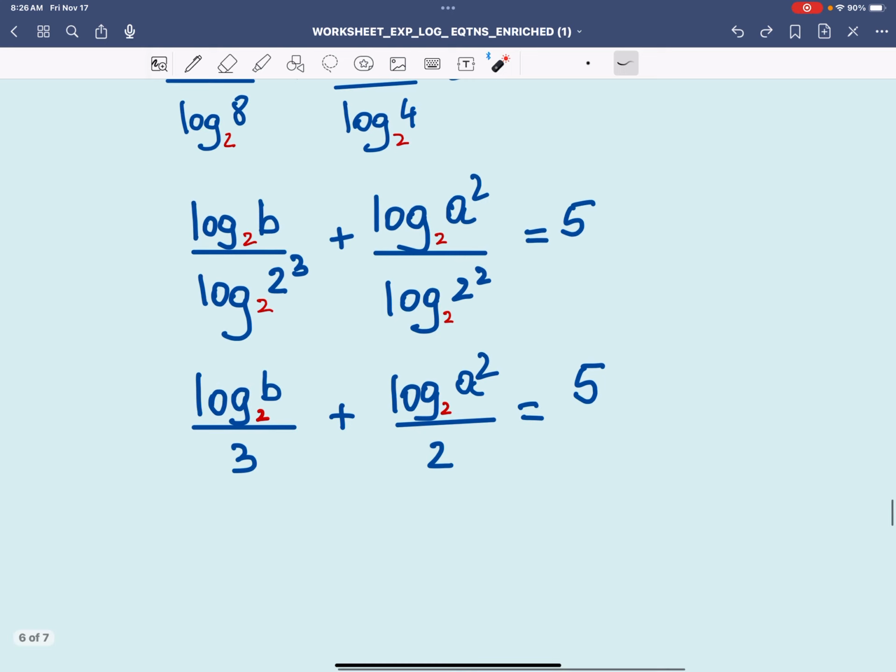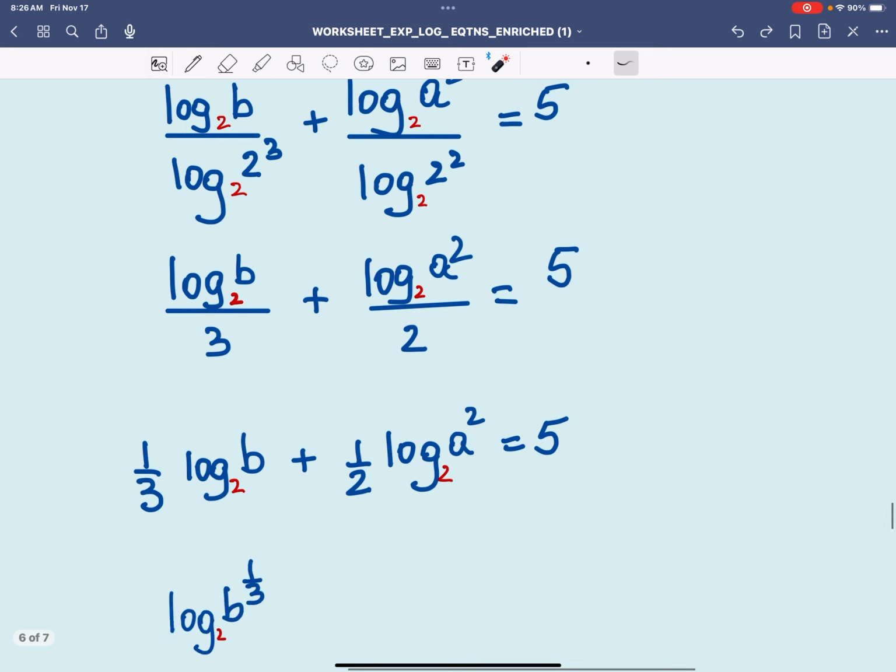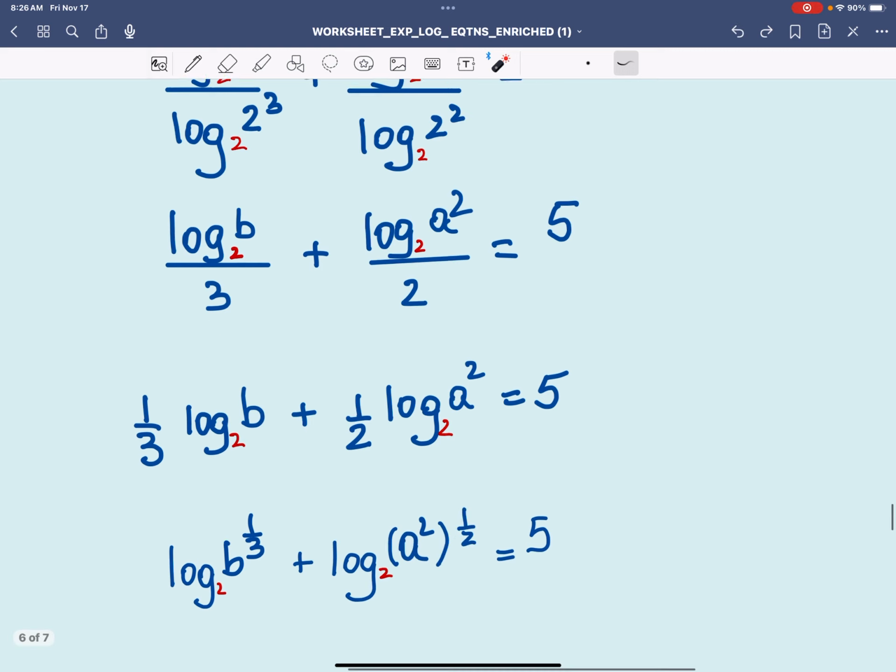Next, we have 1 over 3, that's our coefficient. It's the same thing we did in the previous equation. 1 over 3 log with base 2 of b plus 1 over 2 log with base 2 of a squared equals 5. So next we have log with base 2 of b to the power of a third plus log with base 2 of a squared to the power of a half equals 5.